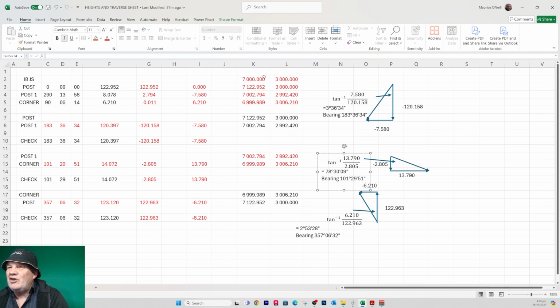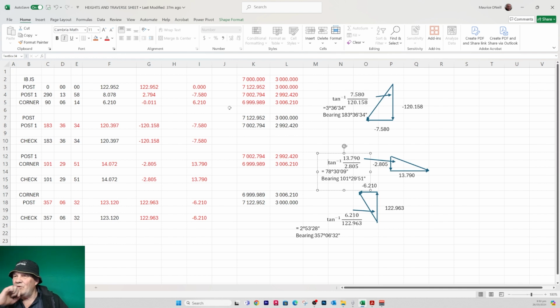As you can see here, that plus that goes there, that plus 2.794 goes there, and that minus that in here, and same for the eastings. So this is northing and easting as it is on the sheet. I haven't quite filled it out all here.